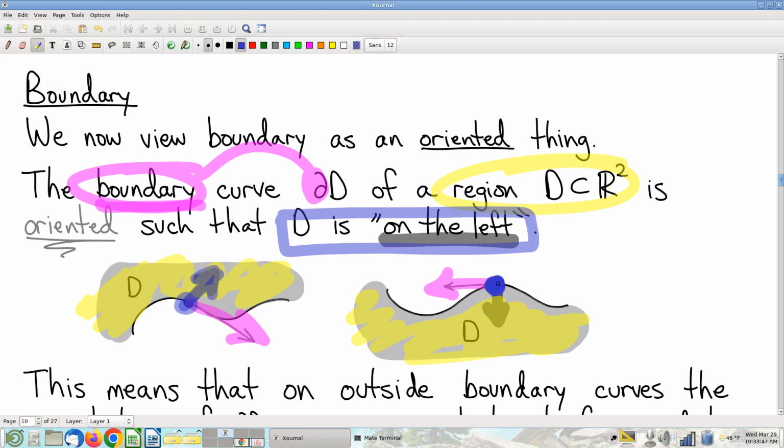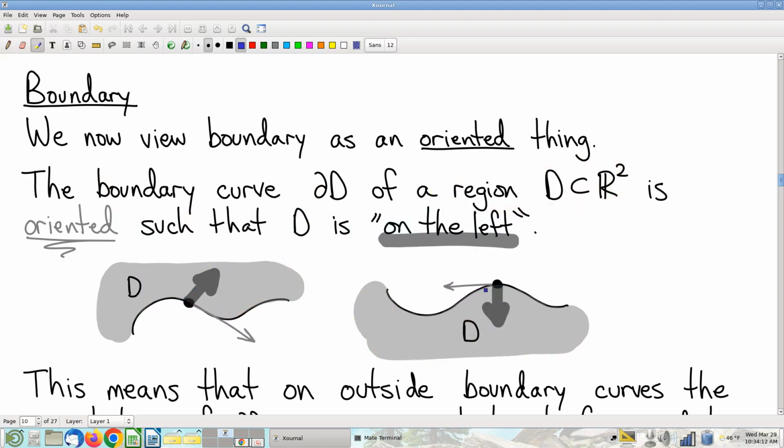Everybody see what I'm talking about? If I were going the wrong way, the region would be on my right. So that's the convention. Like I say, it's arbitrary. There's nothing magic about the left. It's just the convention, just the choice.